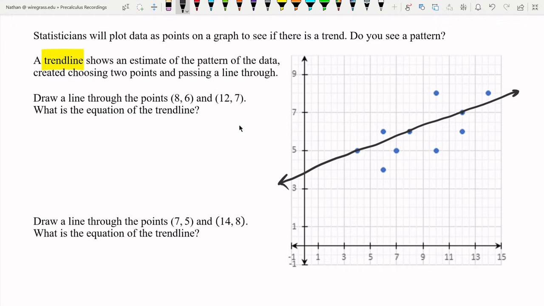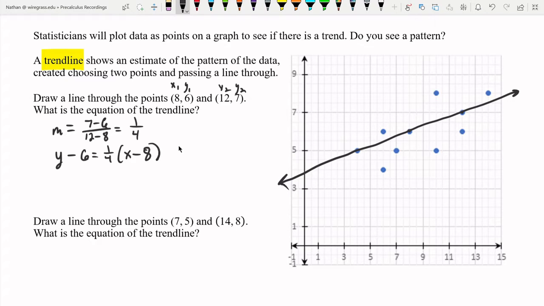We need to have the slope, of course. I'll name these x1, y1, x2, y2. The slope is y2 minus y1 over x2 minus x1, which is 12 minus 8 over ... It's going to be 1/4. And y minus y1, which is 6, equals m times x minus x1, which is 8.